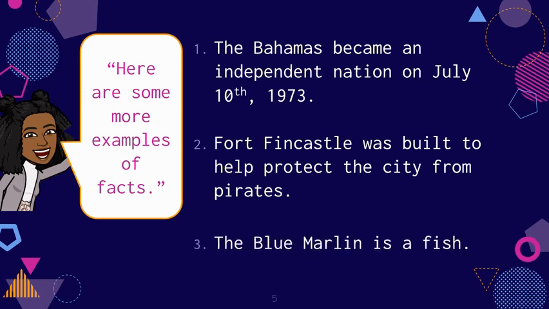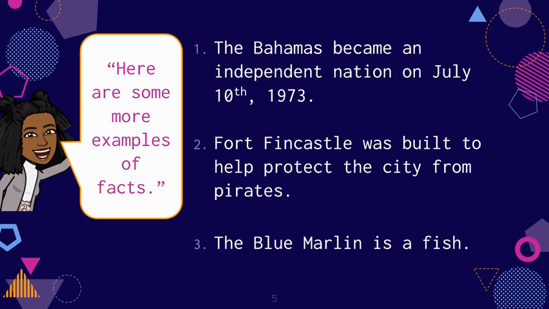Number 3, the blue marlin is a fish. How do you know that this is indeed a fact? Well, yep, you got it right again. This is a scientific statement. We can find out by researching this in a book or a reliable website.